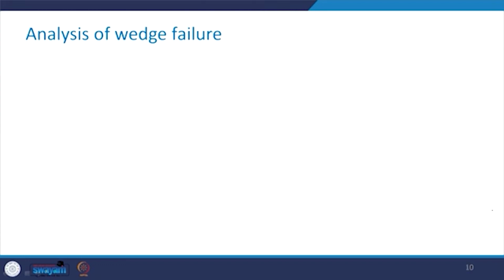Now, from equation 1, we have the expression for the factor of safety. So, I just substitute that.